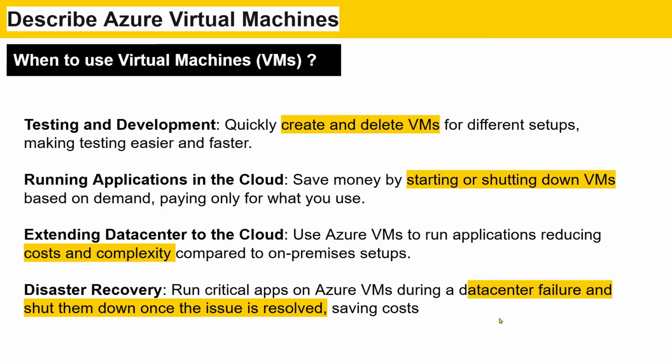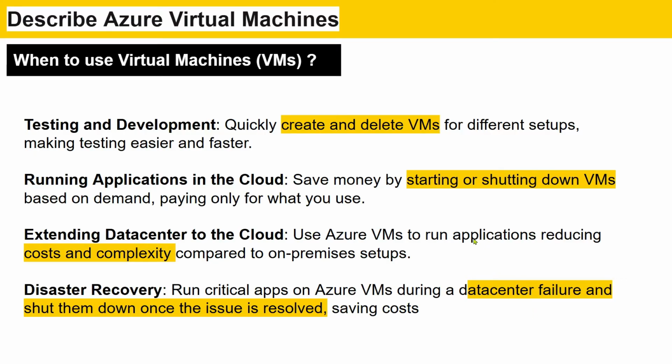However, during failures, it becomes very important that I still provide service. So run critical apps on Azure VMs during a data center failure and shut them down once the issue is resolved. So I can solve a problem and then shut it down once I'm done and save some cost, instead of keeping the business entirely down until it is fixed.